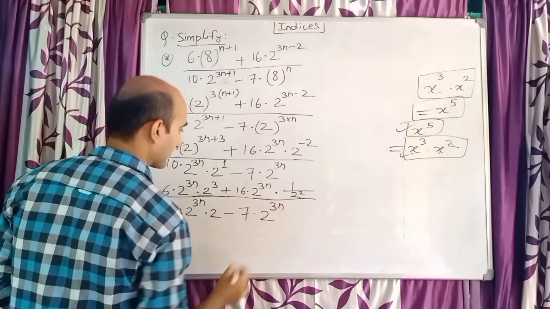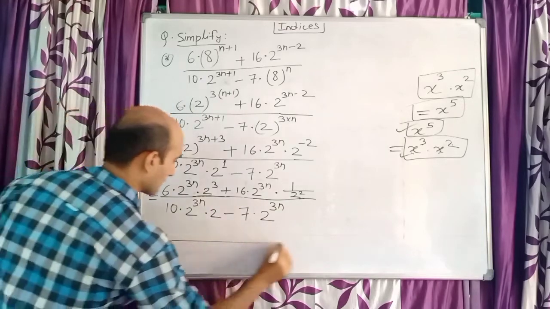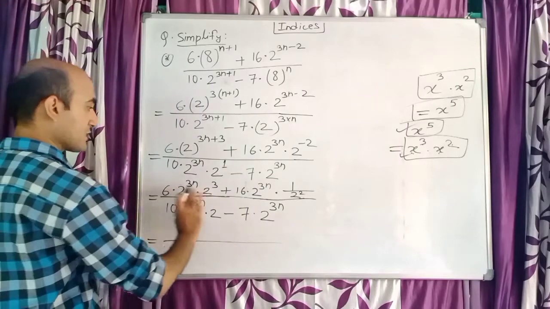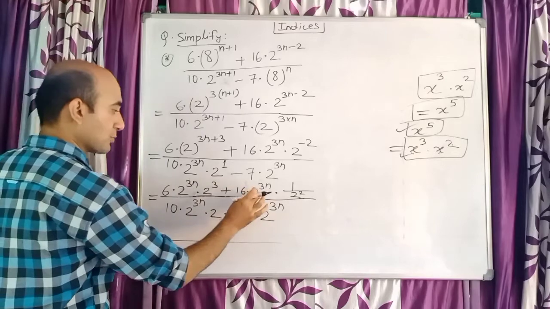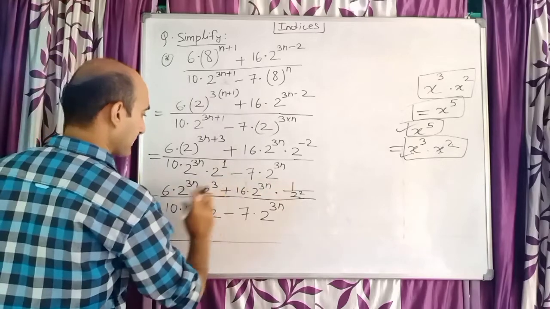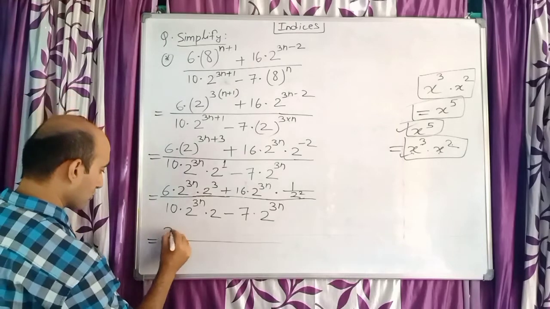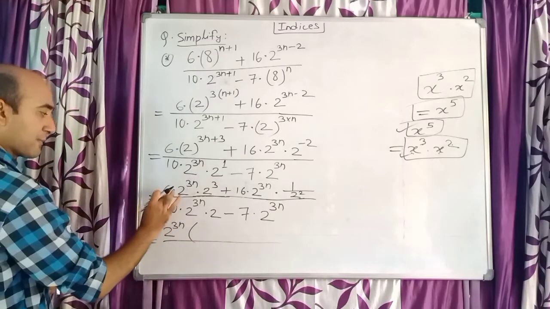Now a very important part. You can see what is common here: 2^(3n) here, 2^(3n) here. So in both places 2^(3n) is common, and you take 2^(3n) as common. What will remain inside?